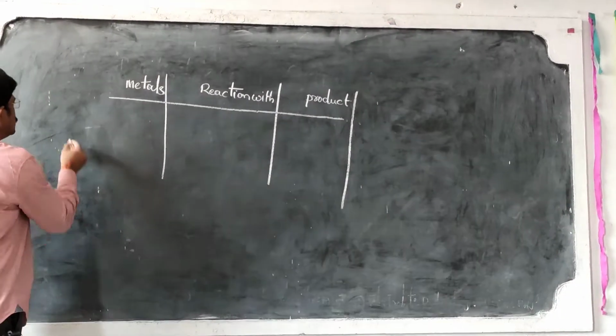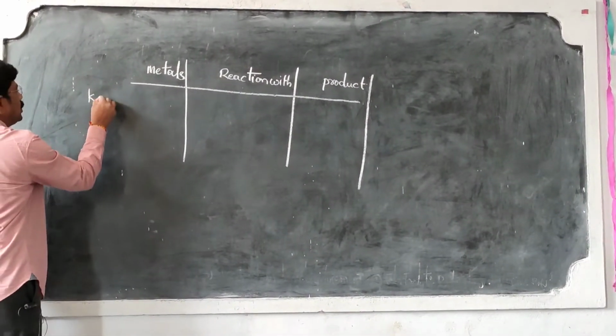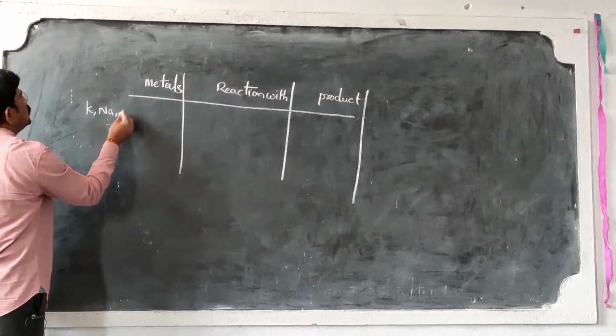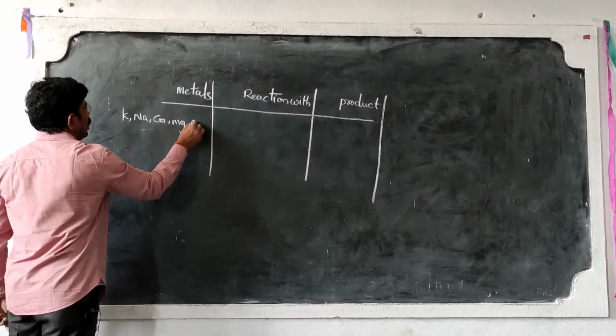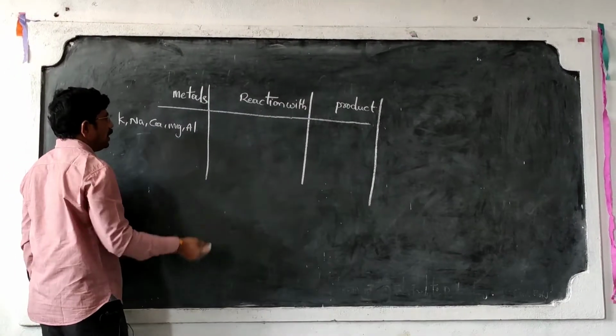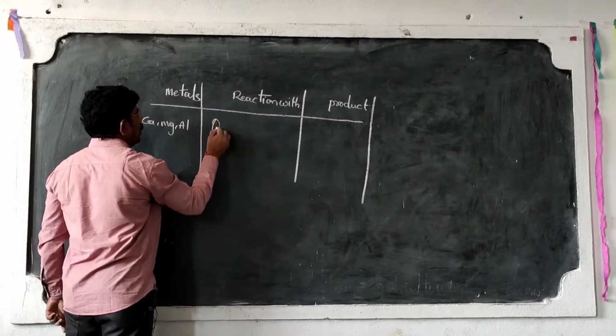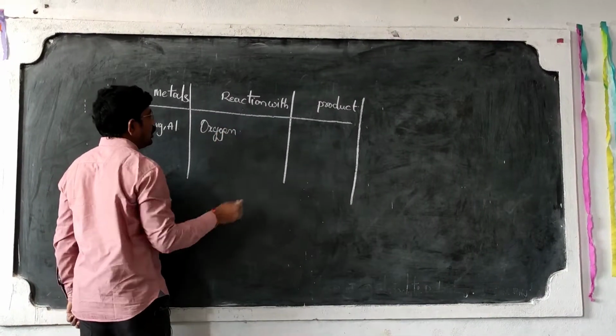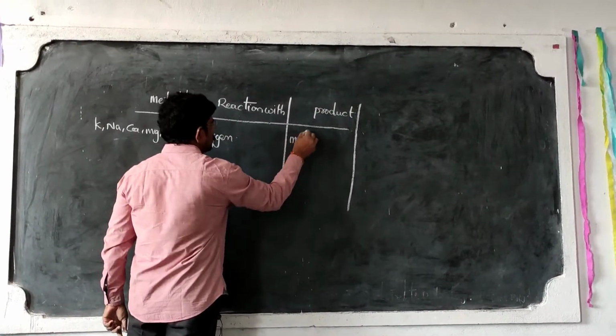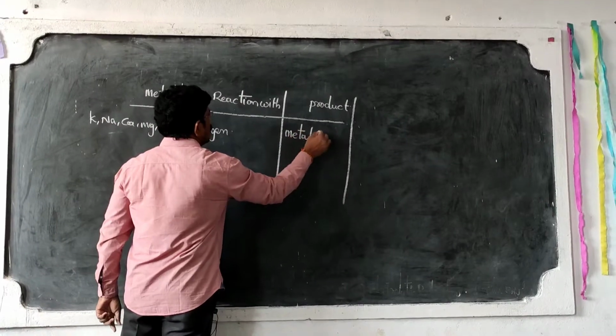Here I have written potassium, sodium, calcium, magnesium, aluminum. They react with oxygen. What is the product? Metal oxide.